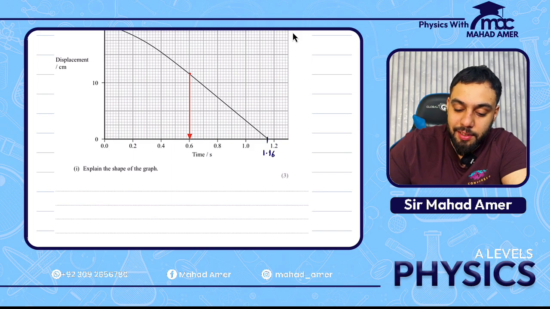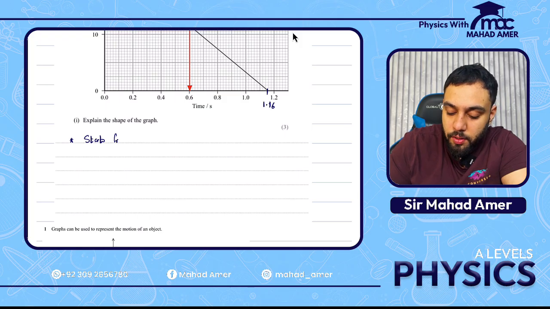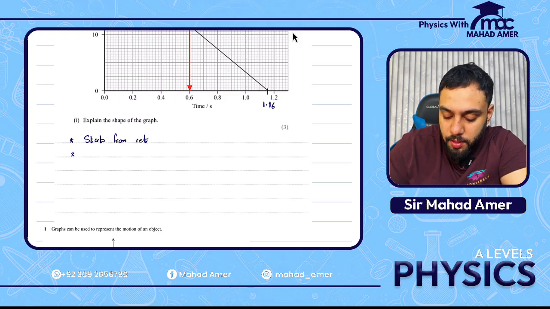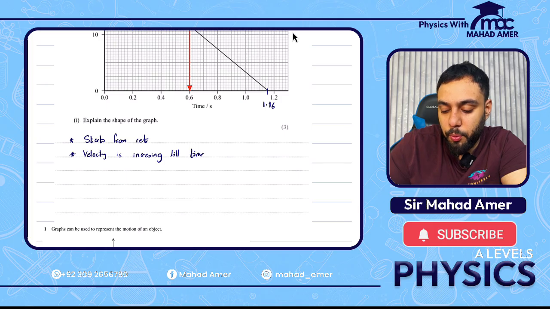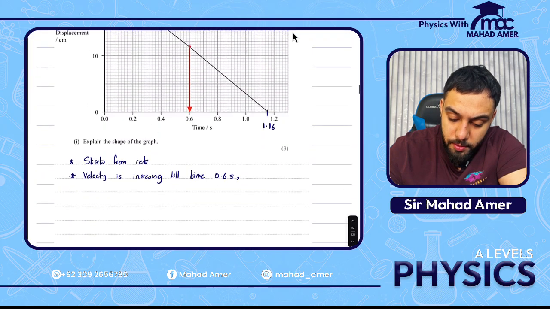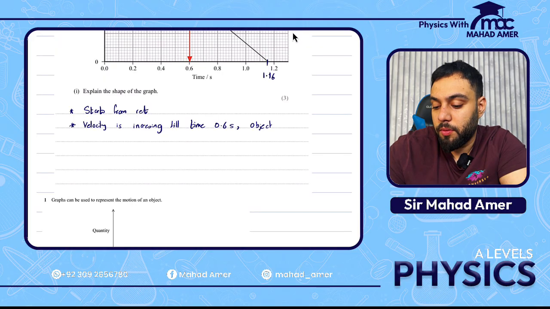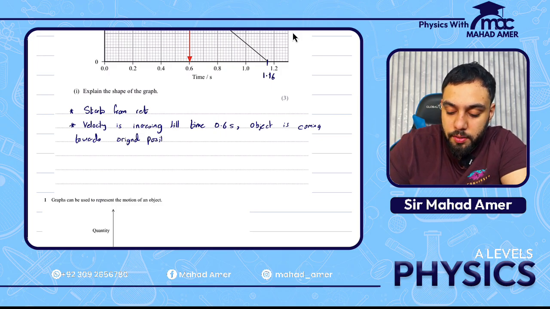So this is going to be three lines. Number one, starts from rest. Velocity is increasing till time 0.6 seconds. And you can say the object is coming towards the original position, or I can safely say moving in negative direction.